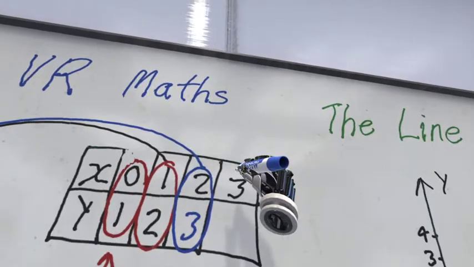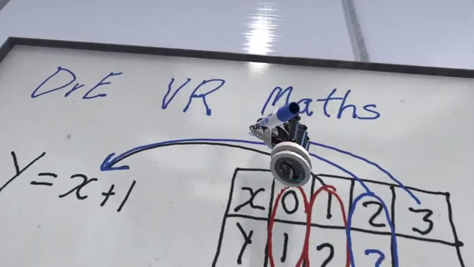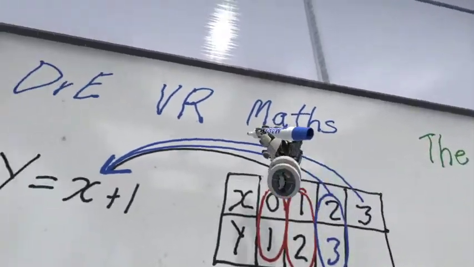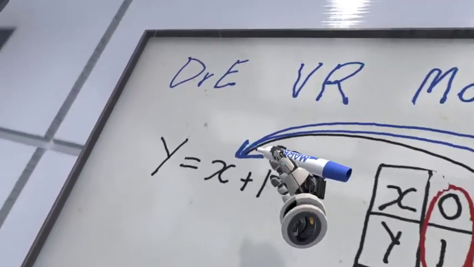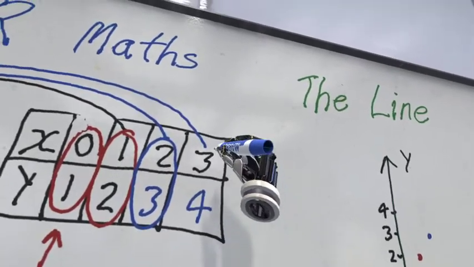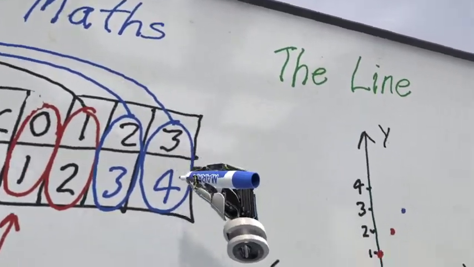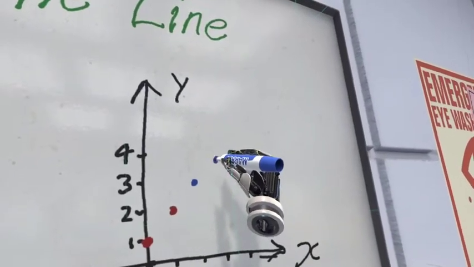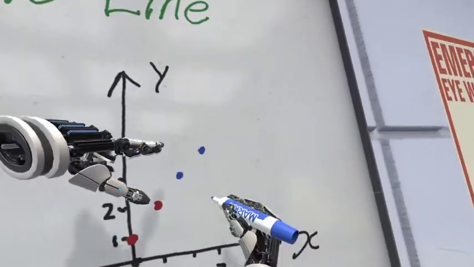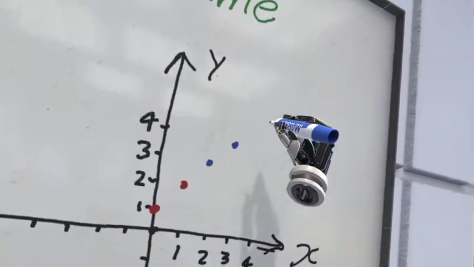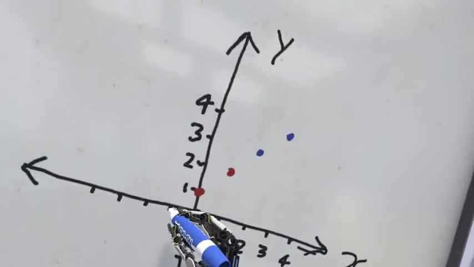Then you're going to put in 3. 3 plus 1 is 4. So there's our next point, 3, 4. There's 3, there's 4. That's where they join up. And you can see the pattern this is making is a line.